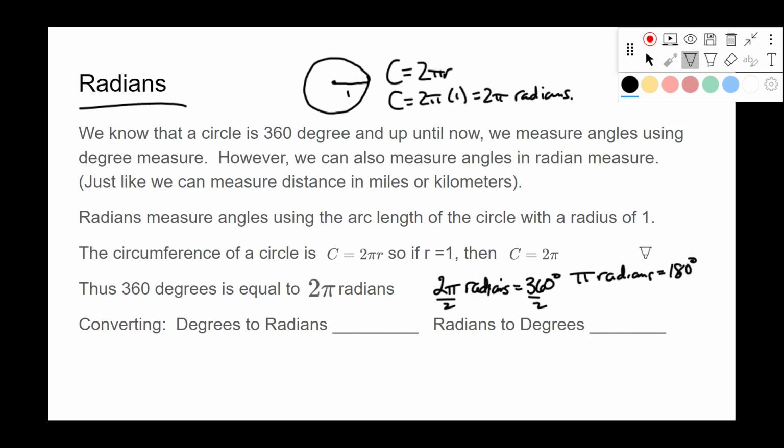Okay, pi is 180. So halfway around the circle, a semicircle, is 180 degrees, or pi radians. So to convert from degrees to radians, you're going to multiply by pi over 180 degrees. Okay, pi divided by 180 degrees. To go from radians to degrees, you're going to do the opposite ratio, 180 degrees divided by pi.